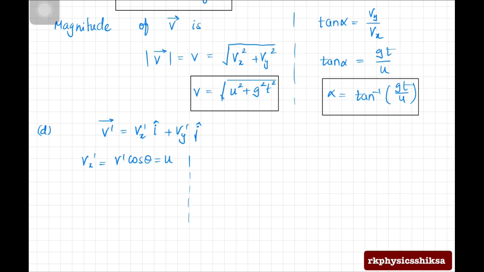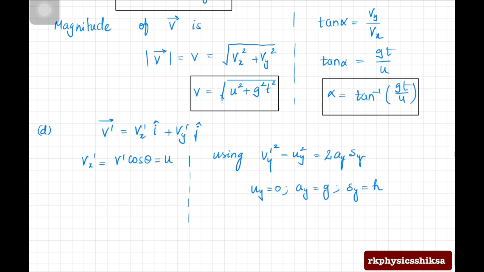For that, I use Vy dash square minus initial velocity Uy square is equal to 2 into Ay into Sy. Here Vy dash is what is to be calculated, the final velocity. The initial vertical component of velocity is 0, the acceleration Ay is plus g, and Sy is the vertical displacement, which is equal to h.